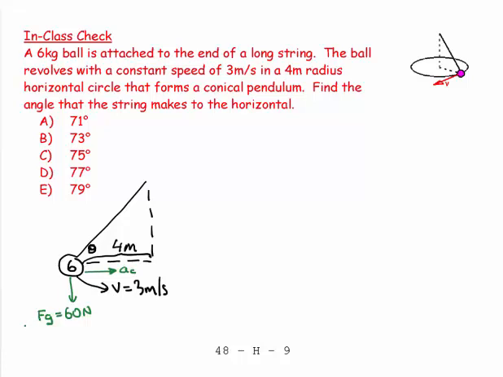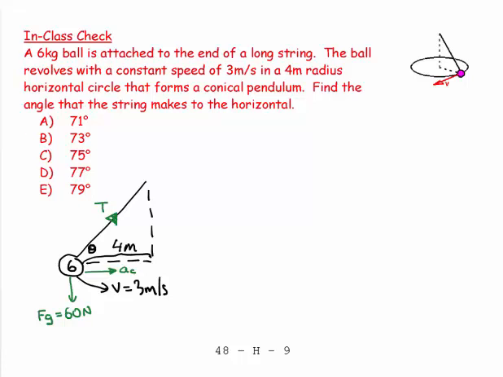Normal forces only occur when one object is resting on another object, and this ball is not resting on anything. It's been pulled up by a tension force, which is not mentioned, but a tension force in this string. So there is no normal force in this case. And that's about it. I can't think of any more forces.